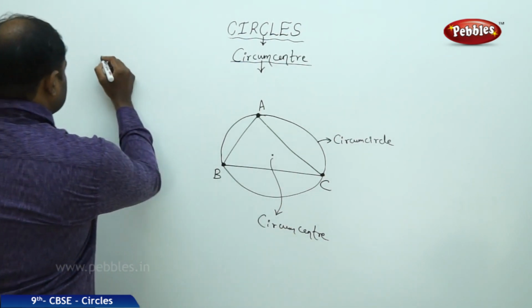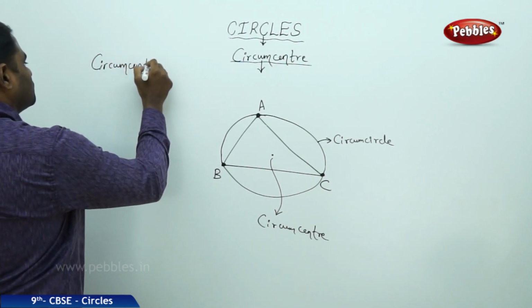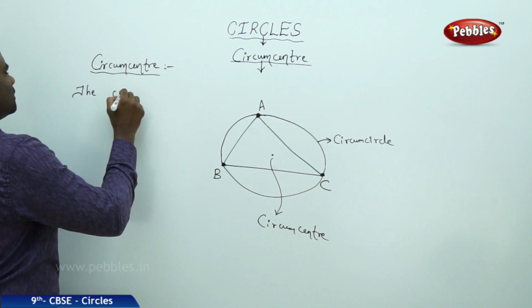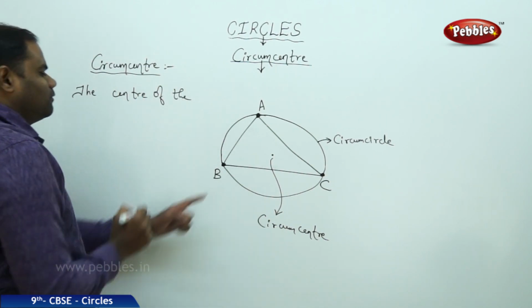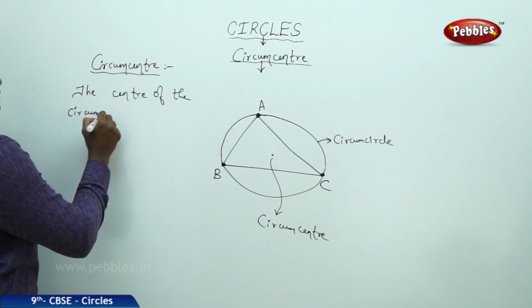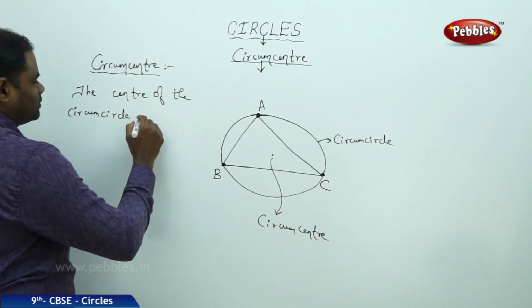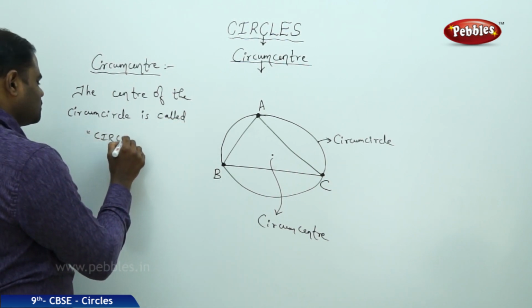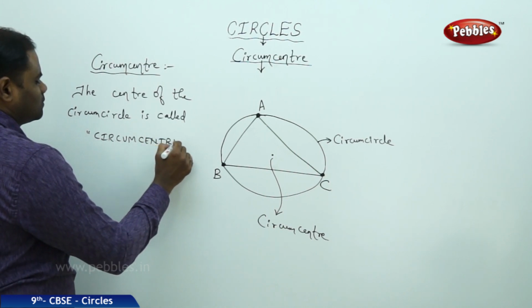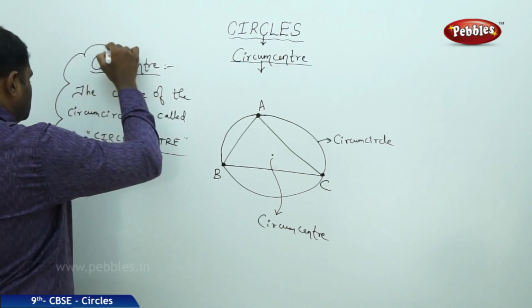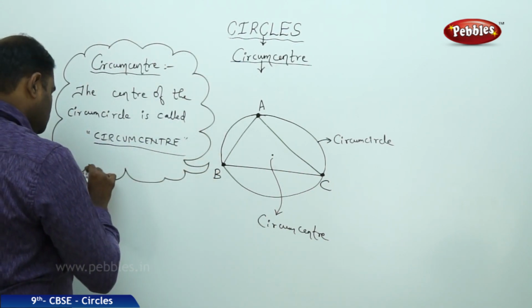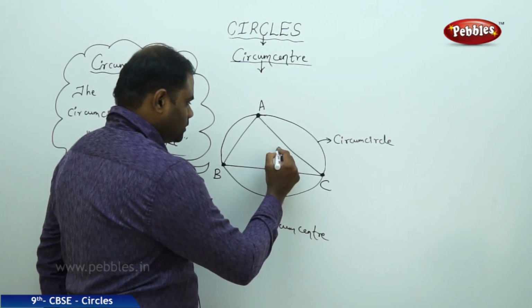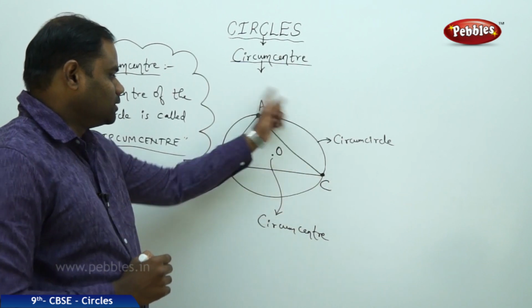Definition of circumcenter: the center of the circumcircle is called the circumcenter. That is how we understand the circumcenter O out here for this circumcircle.